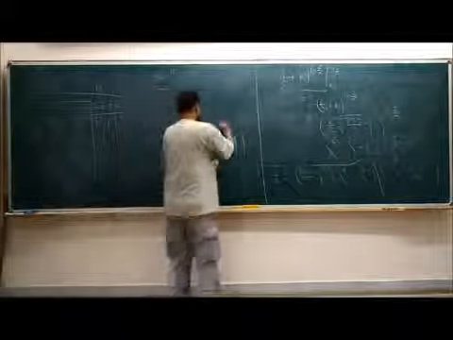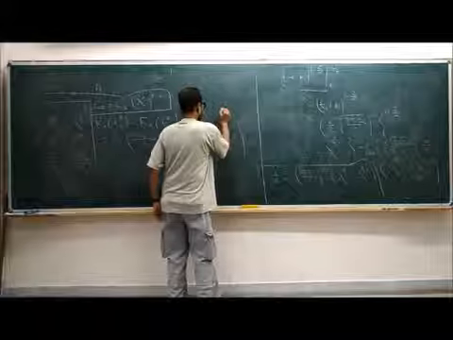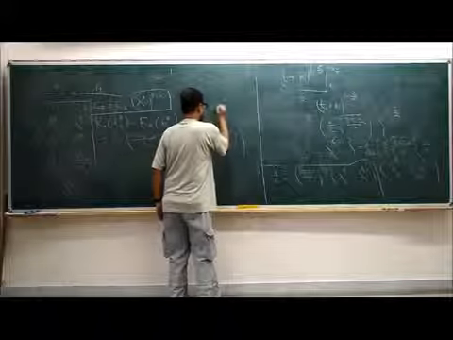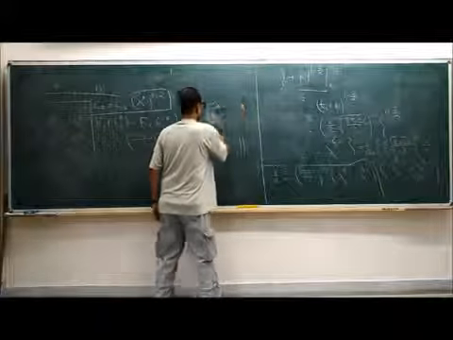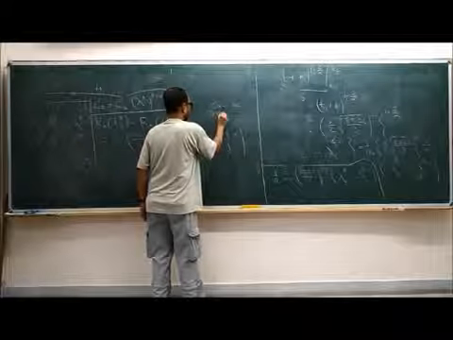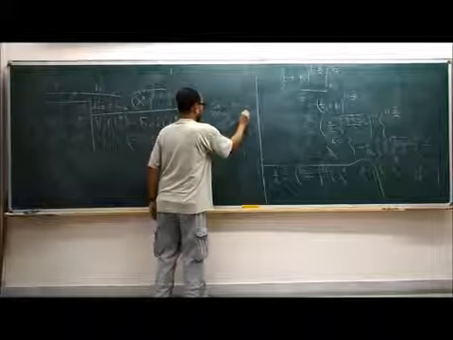Again, this part is small, can be ignored, if beta is greater than 2.